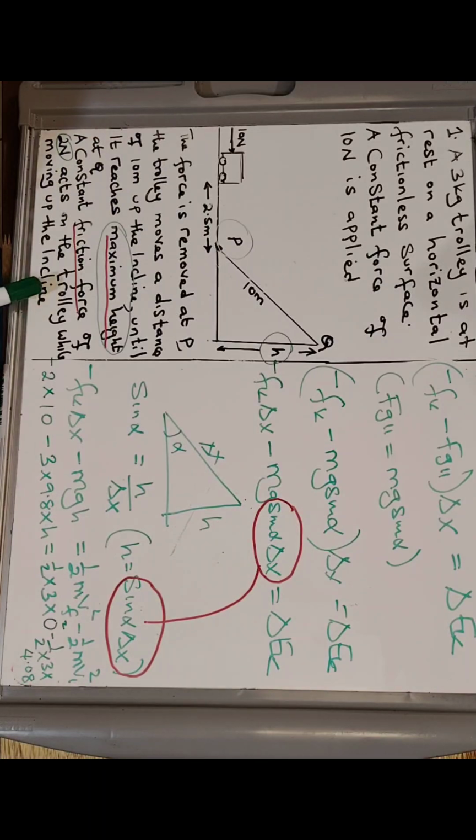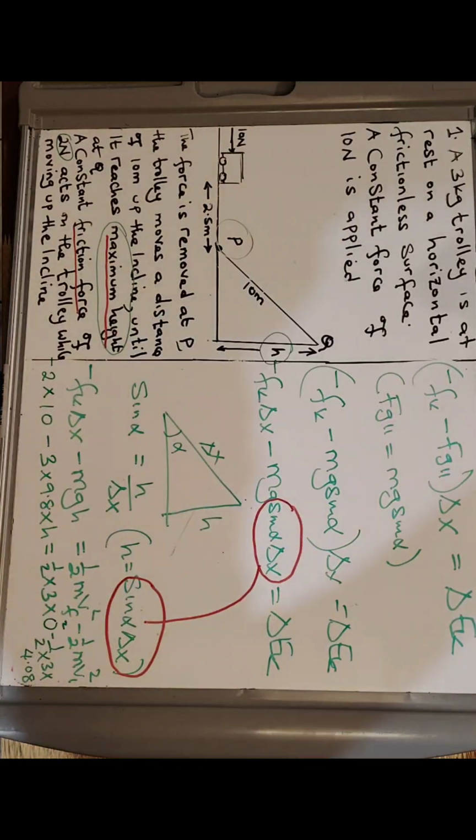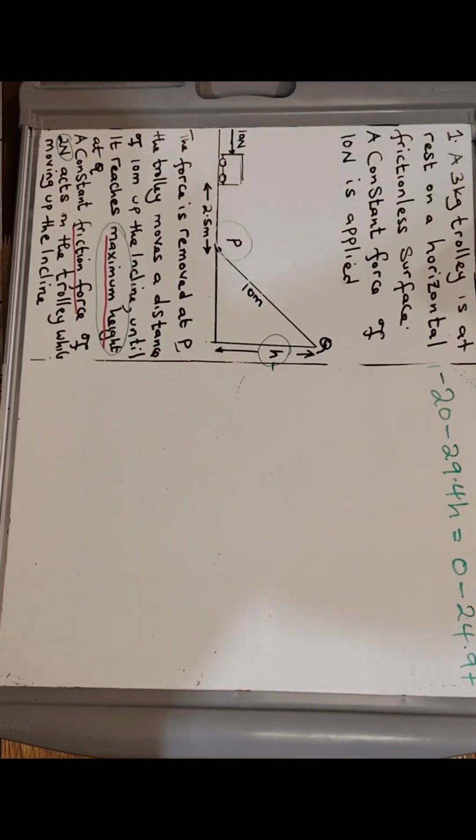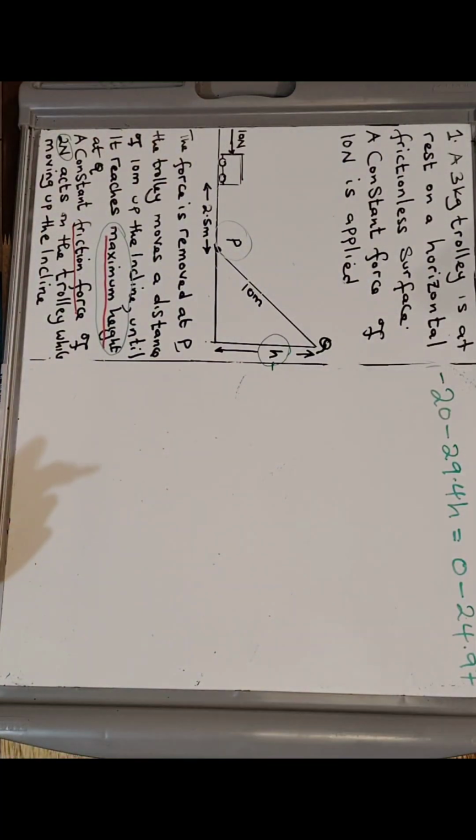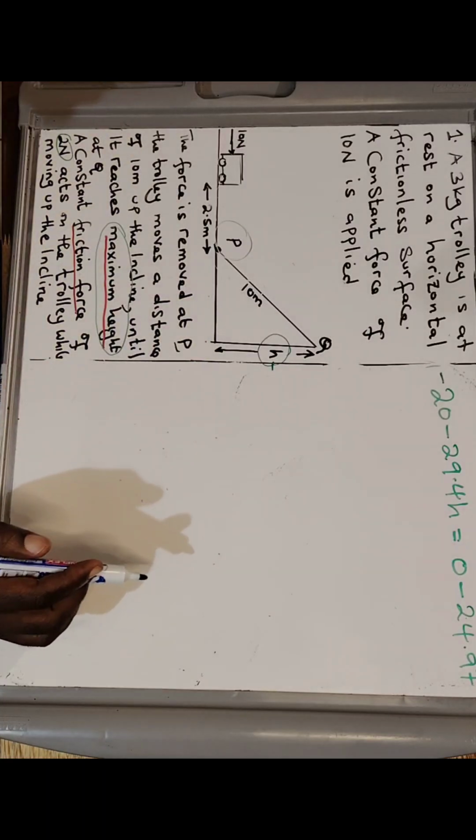So when you look at this expression here, the only unknown is h, and it can be obtained through simple calculations. So this is what we get after substitution. Now, what we do here is just rearrangement and collecting like terms.